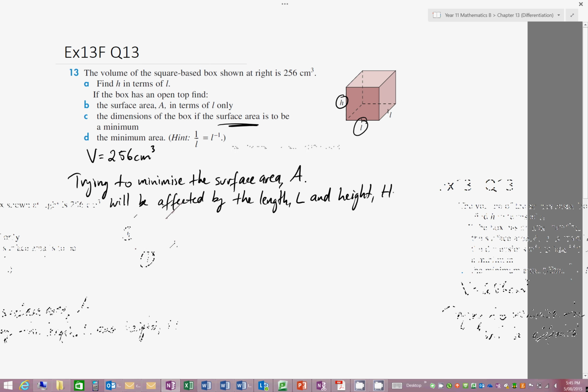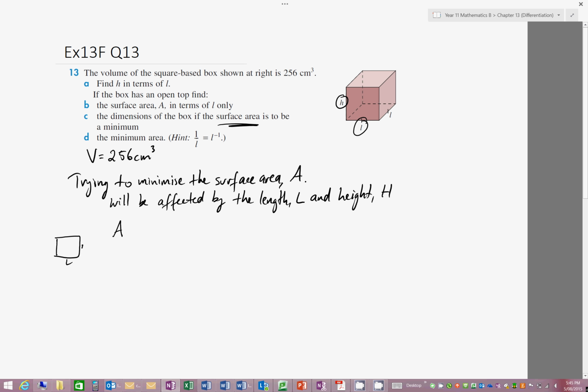Well, I should be able to find the surface area. So the surface area of this thing unfolded, we've got a square with all sides L, and there's a rectangle coming off each of these sides of height H. Sorry, it's only an open top, so I don't need to put an additional one here.